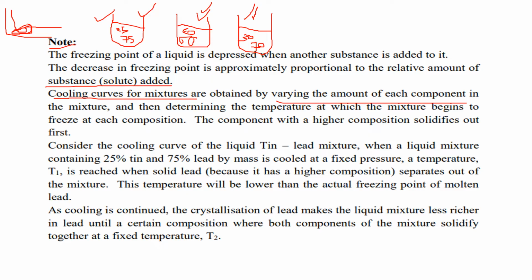Now notice that after measuring these mixtures, the 25% tin and 75% lead, or 40% tin and 60% lead, or 30% tin and 70% lead, we melt them because they're solids. When we combine them, we heat them to melt so that you can get liquid mixtures, because in this topic we strictly use liquid mixtures.